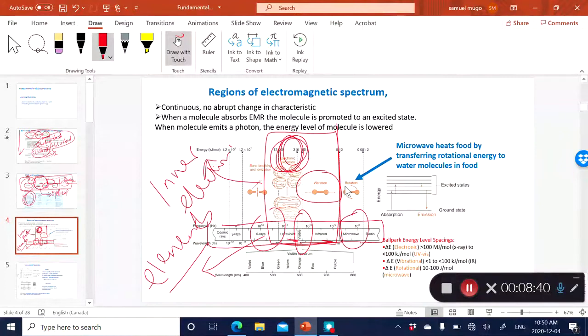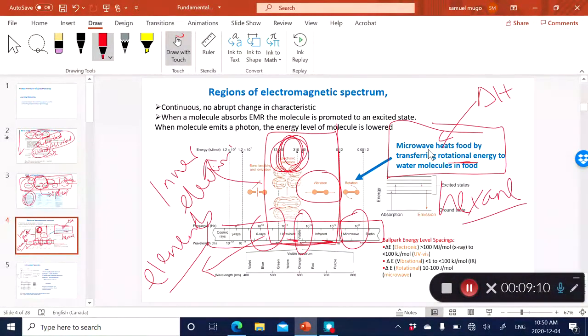The microwave, on the other hand, is very, very weak. It causes the rotation of the bonding electrons. And that is why we use microwaves to heat food, because when you are rotating bonds, they generate heat, okay? But remember, not all compounds respond to microwave. For example, if you take hexane as a solvent and throw it in the microwave, it never heats up.